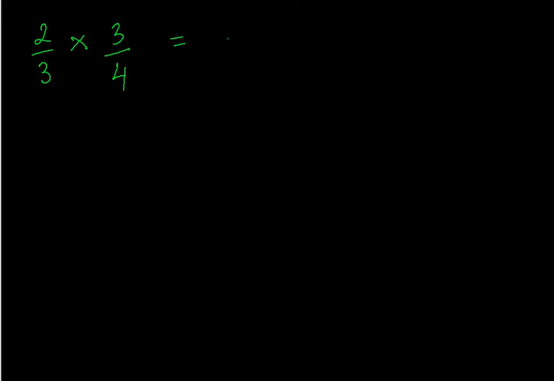How would you multiply 2/3 times 3/4? All you have to do is multiply the numerators together, and the denominators together. So in our case, we end up with 2 times 3 is equal to 6, and 3 times 4 is equal to 12.